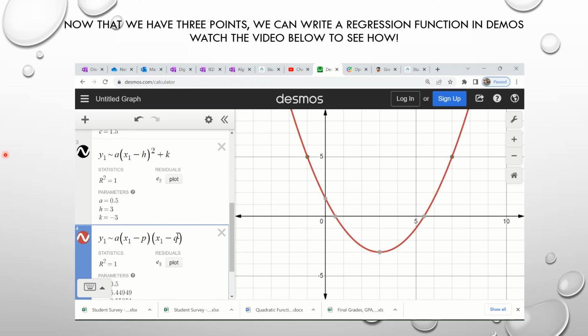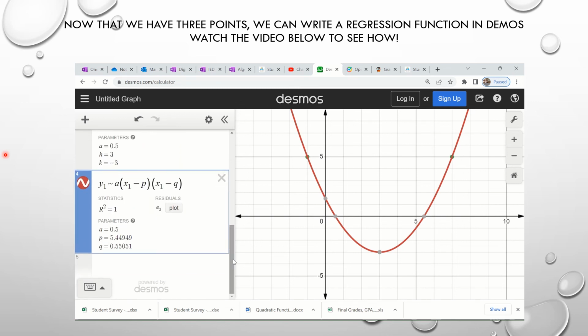And so what we're dealing with here are 3 different forms of the exact same parabola. And we can look down there, and as predicted, well, first of all, notice that the A value is the same in all of these, but as predicted, we got some nasty numbers for our P and our Q.